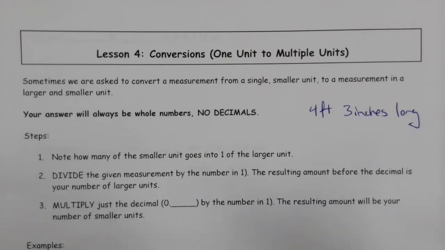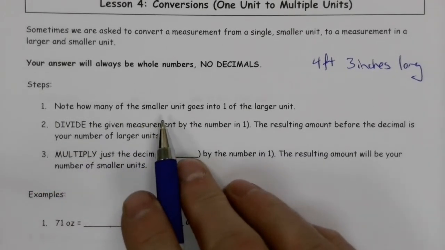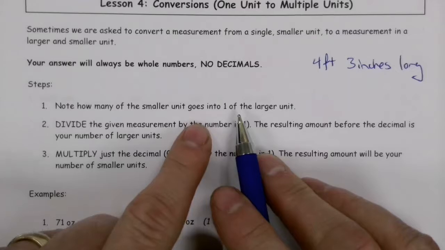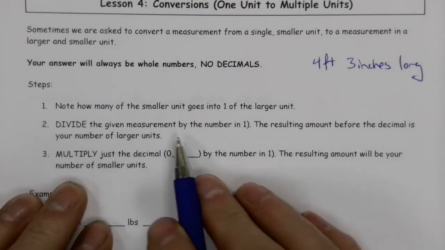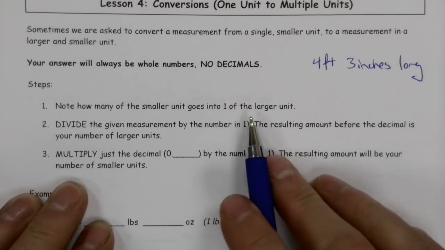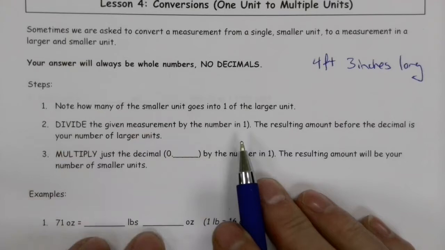So this is what we're going to do. We're going to take a single measurement and break it up into progressively smaller units. Typically the way this works is we take note of how many of the smaller unit go into the big unit. So we want to understand the conversion factor first. Then we divide the given measurement by that value from the first step.